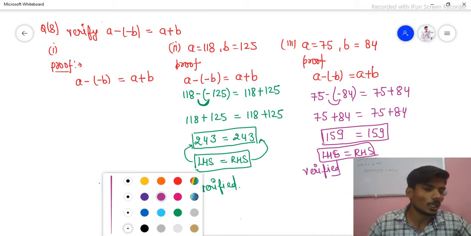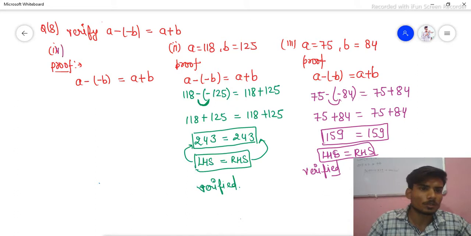Now part D. So in question number 4, that is A equals 28 and B equals 11. So put the value of A, that is 28, minus minus, put the value of B, that is 11.